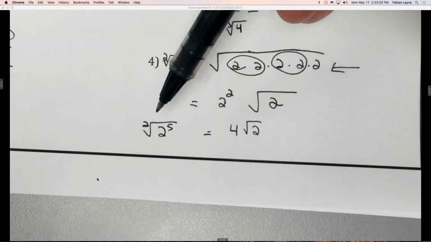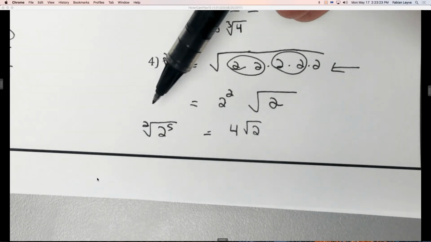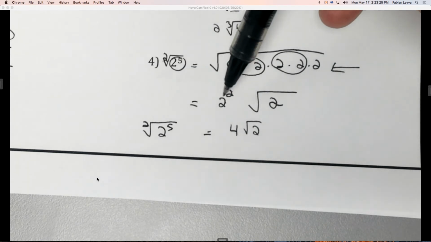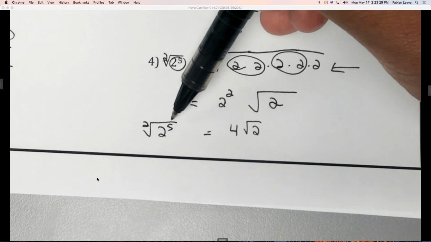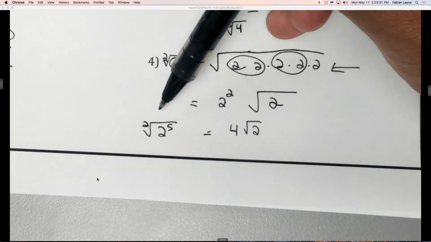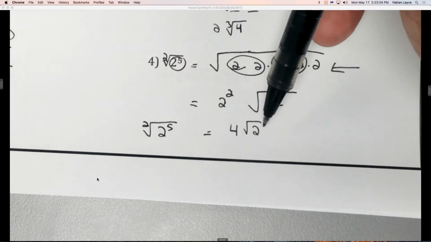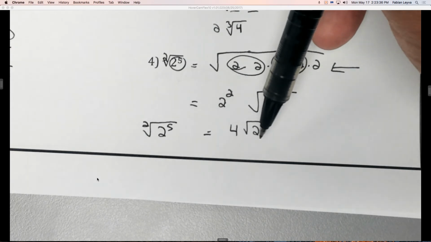Or how many times does 2 go into 5? 2, right? So that's why a 2 squared comes out. We know that 2 squared is 4. Now keep in mind that if 2 goes into 5 2 times, that is 2 times 2, which is 4. You're left with 1 over, so you're going to be left with 1 on the inside. Okay?